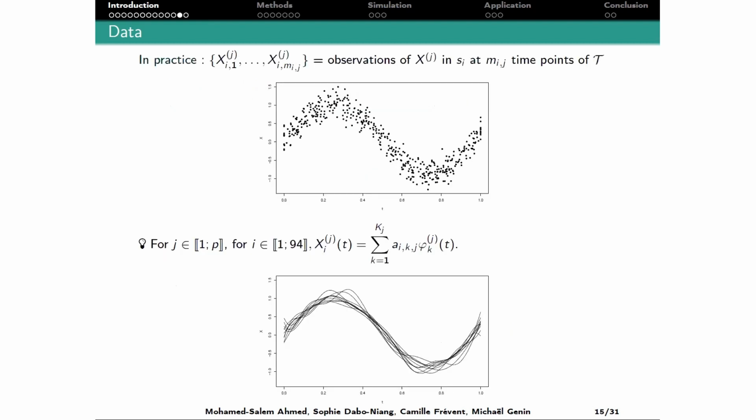Even if I use functional data analysis, in practice we have raw data, like this. How do we convert this data to functions? For that, we use basis expansion. Since I am working in the space of square integrable variables, I can use any orthogonal basis, for instance based on splines, principal component analysis, or other basis functions.